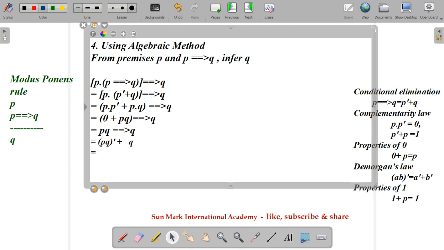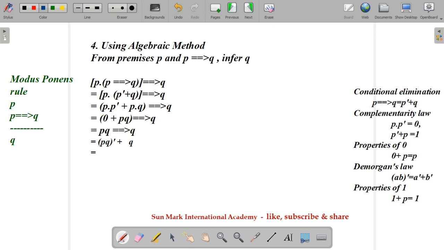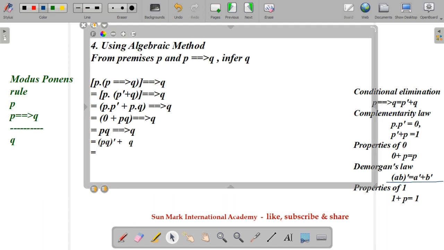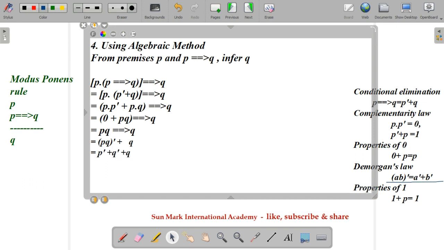PQ the whole dash is De Morgan's law. AB the whole dash equal to A dash plus B dash. Substituting the value here, PQ the whole dash equals P dash plus Q dash, plus Q.